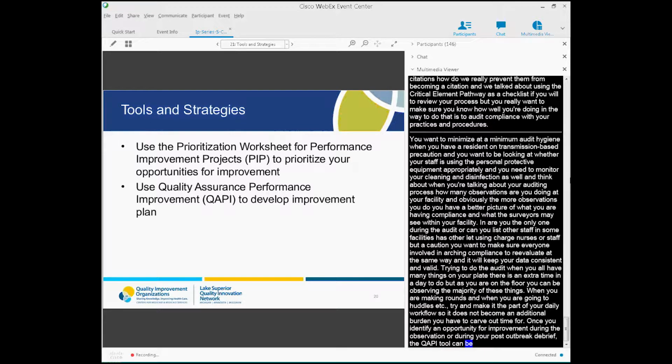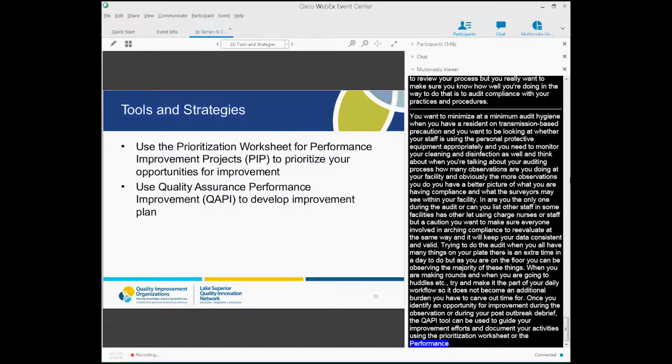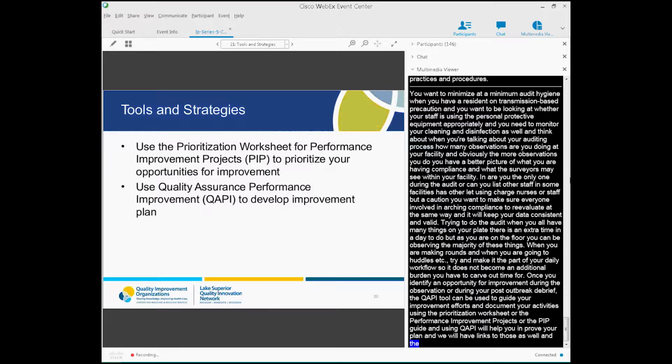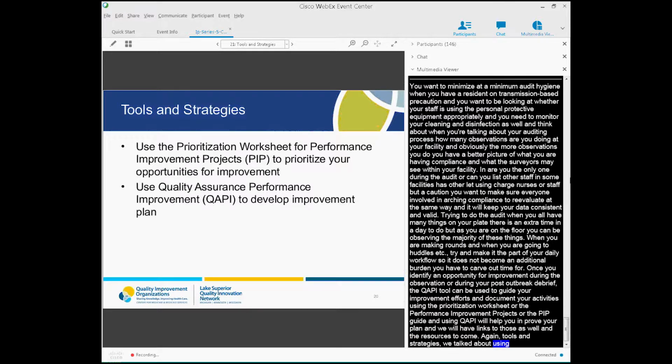Using QAPI will help you develop your improvement plan, and we'll have links to those as well in our resources to come. So again, tools and strategies: we talked about using our critical element pathway form as a checklist, doing audits of compliance, and when you find an area that can be improved upon, using those QAPI tools to help with that improvement process.